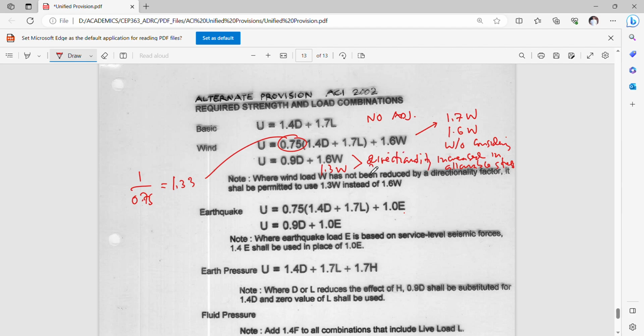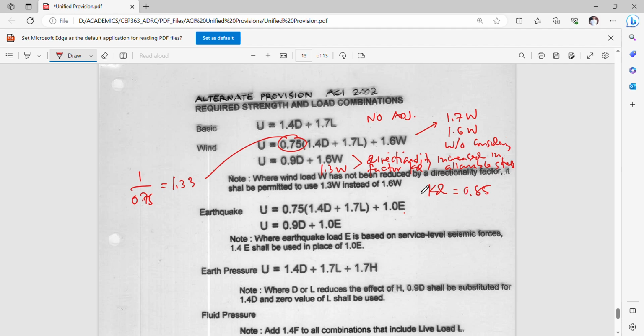Okay, so if you know that the directionality factor KD is equivalent to 0.85, there's a danger of having to reduce this when W is already multiplied by 0.85.